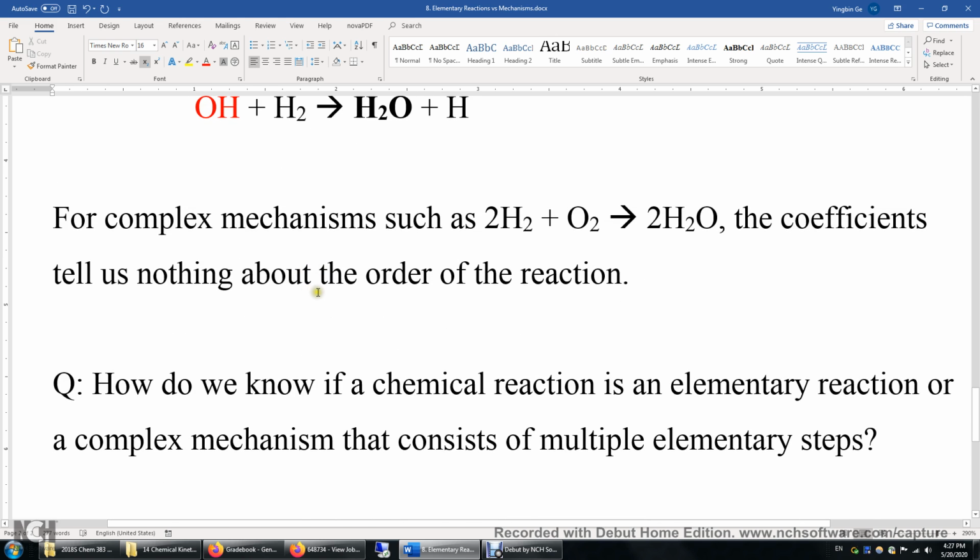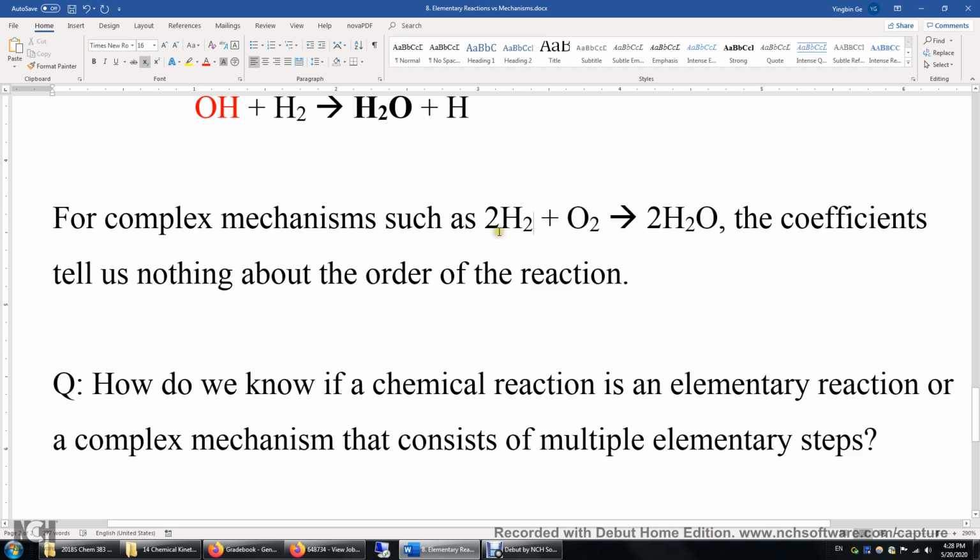So finally, I have a question for you. How do we know if a chemical reaction is an elementary reaction or a complex mechanism? Well, again, a complex mechanism consists of multiple elementary steps or elementary reactions. Sometimes we say elementary steps, sometimes we say elementary reactions. So how do we know?